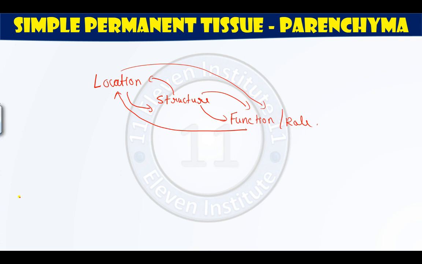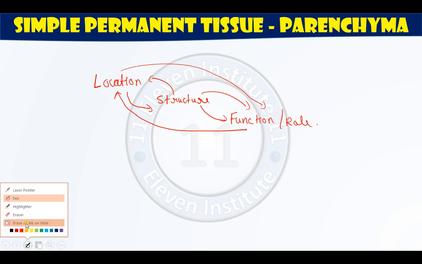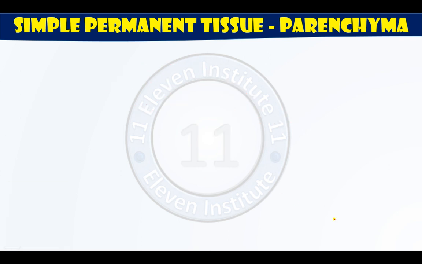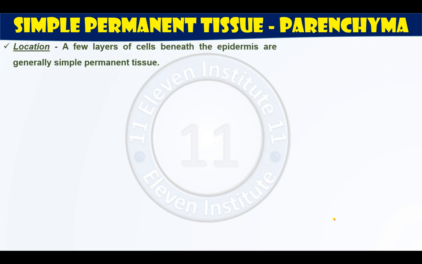Let us now discuss the parenchyma tissue as per the textbook. Location. A few layers of cells beneath the epidermis are generally simple permanent tissue.